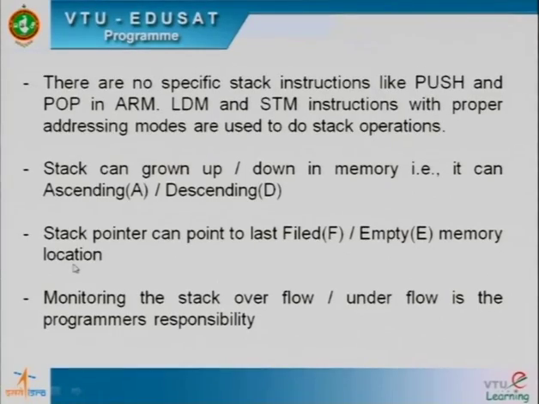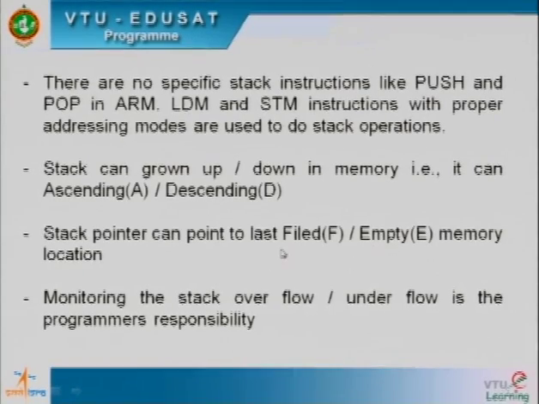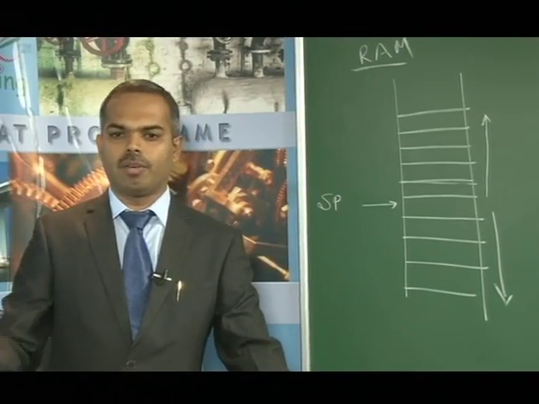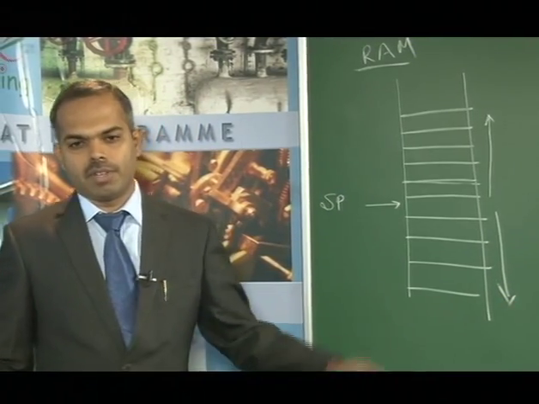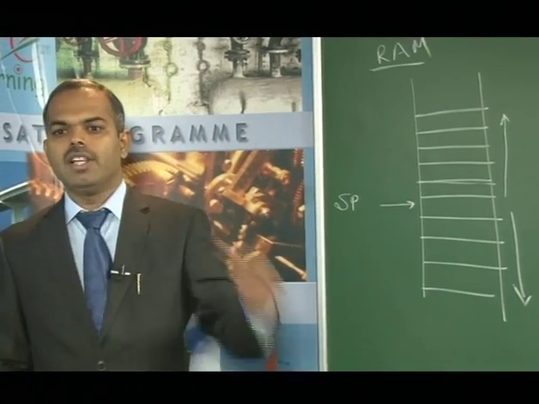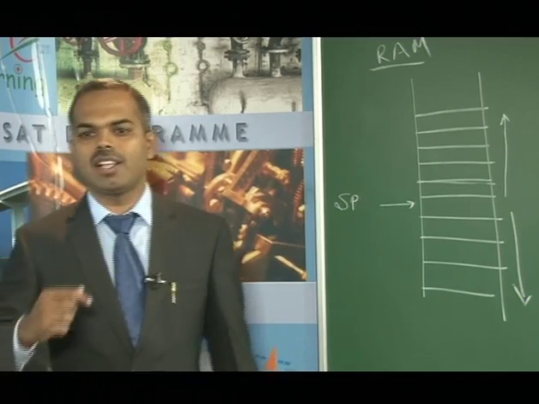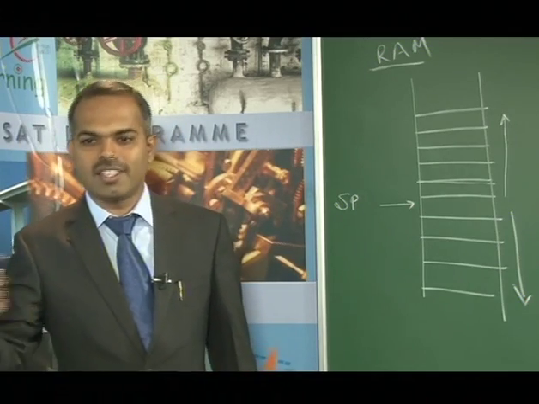The third point: the stack pointer can point to the last filled or empty memory location. In most processors, the stack pointer points to the last filled memory location. Here there is an option. You can make it point to the last filled memory location or the last empty memory location.